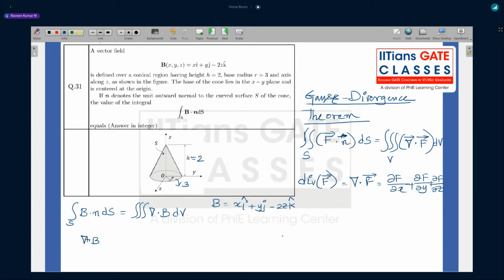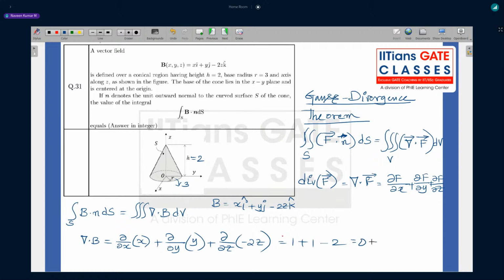Then after that we'll integrate, triple integrate we have to do. This is dou by dou x of x, plus dou by dou y of the y component, that is y, plus dou by dou z of minus 2z. So what is this? It is 1 plus 1 minus 2, which is equal to 0.